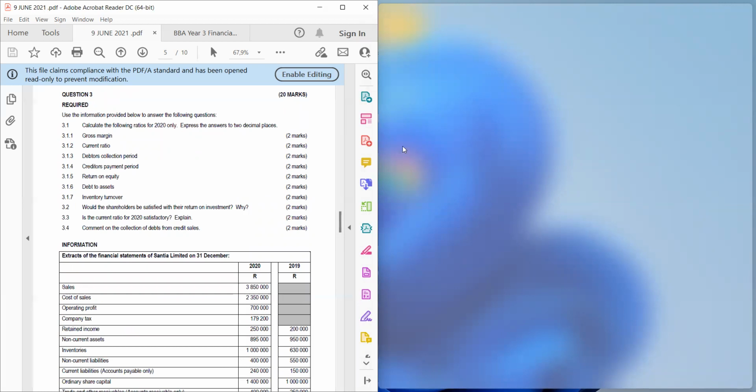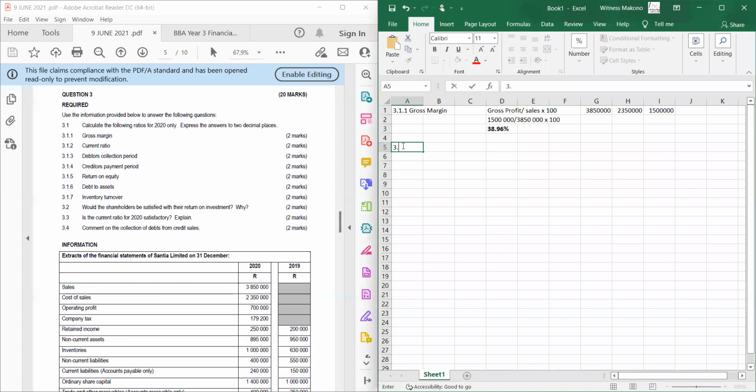The next question is 3.1.2, which is current ratio. All right. Those that have got formulas, what is the formula for current ratio?